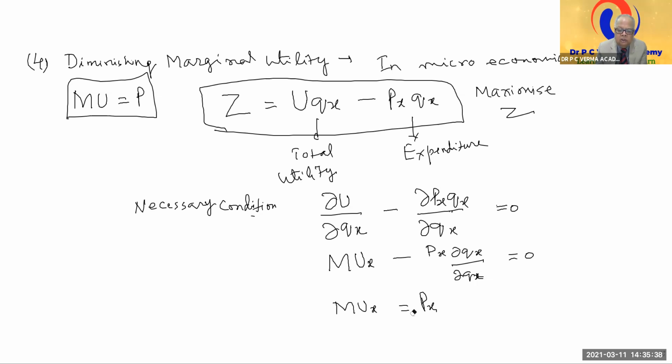How? It will be like this: minus PX, and del QX by del QX is equal to 1. We will put it on the right side.